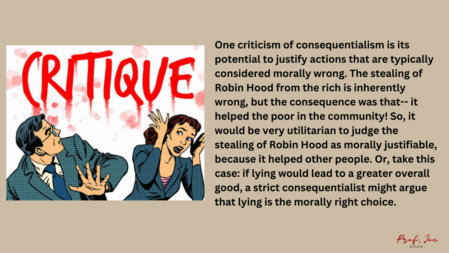The stealing of Robin Hood from the rich is inherently wrong, but the consequence was that it helped the poor in the community. So it would be very utilitarian to judge the stealing of Robin Hood as morally justifiable because it helped other people. Or take this case, if lying would lead to a greater overall good, a strict consequentialist might argue that lying is the morally right choice.